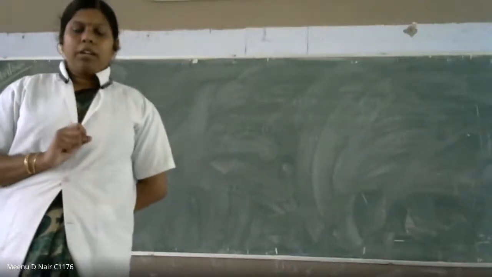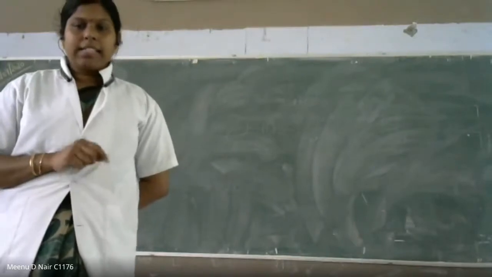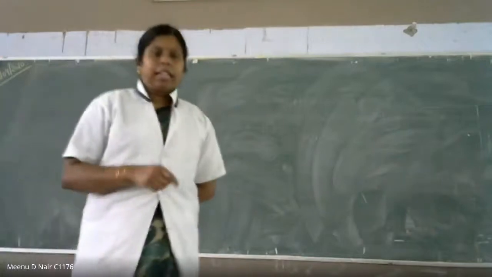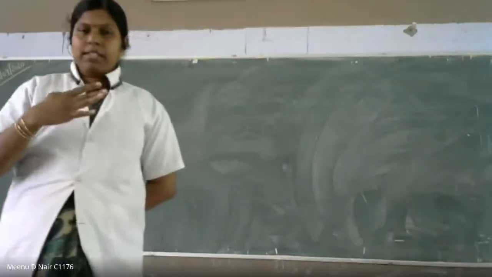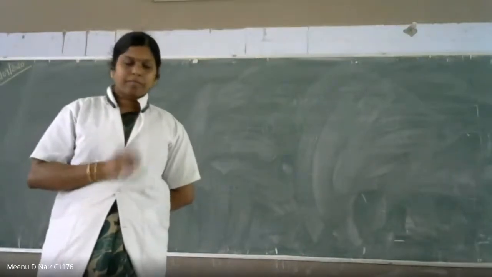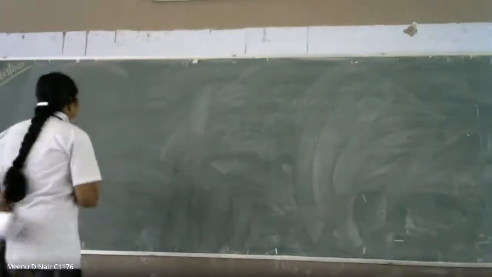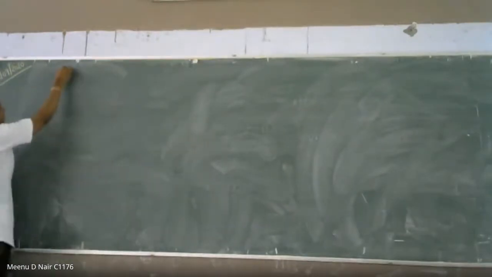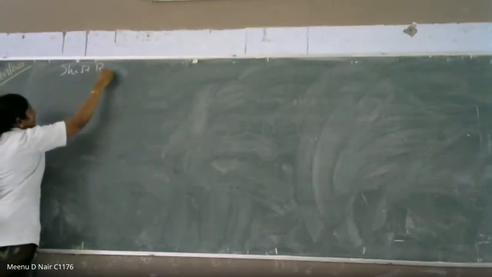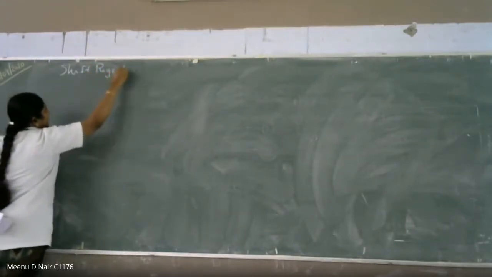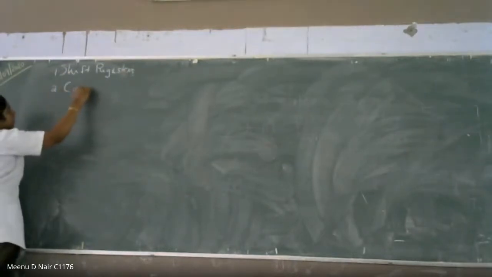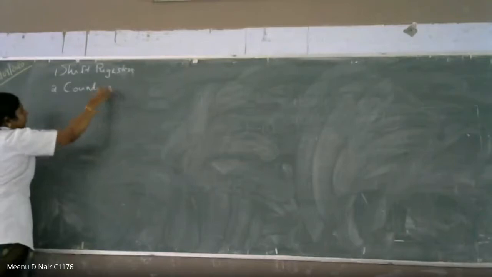Today, the next topic in your syllabus is the analysis and design of synchronous sequential circuits. Before that, we will see some other sequential circuit examples, and we will see the analysis and design in another class. First, today we are going to see shift registers, and second, counters.